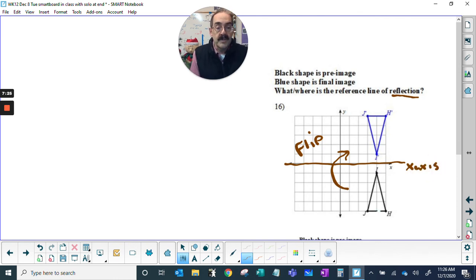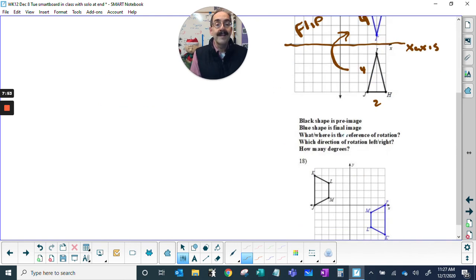It's all the same shape. We got 2 units, 2 units, 1, 2, 3, 4, 1, 2, 3, 4, 4 and 4. Okay, so a reflection, capital R, what is the line of reference? Where are we reflecting it over? X-axis. Okay, and we verified that it is the same shape.